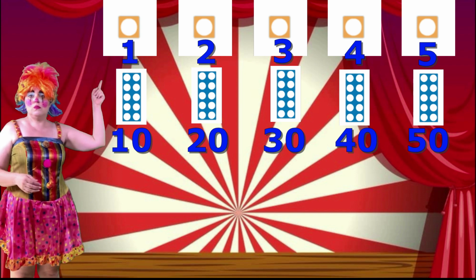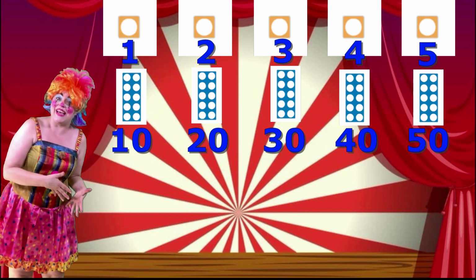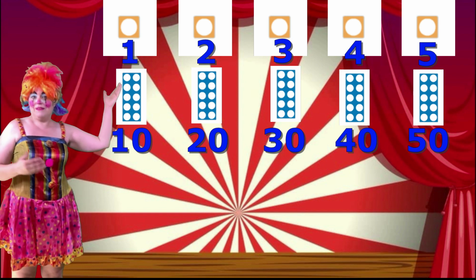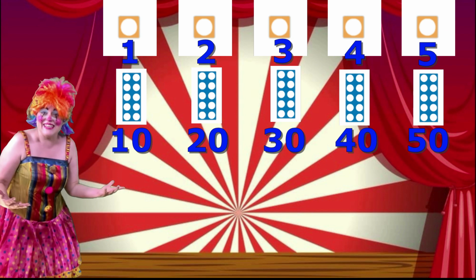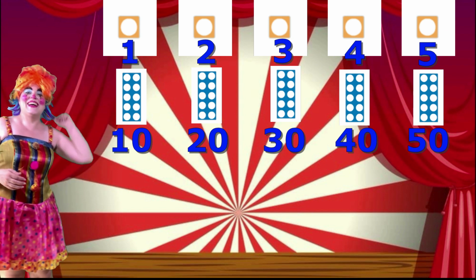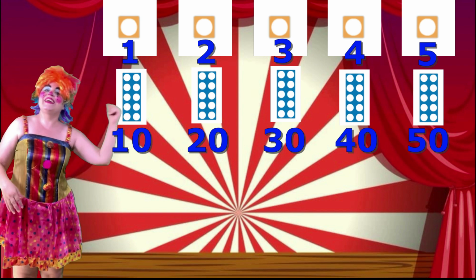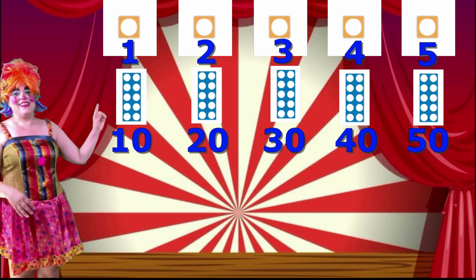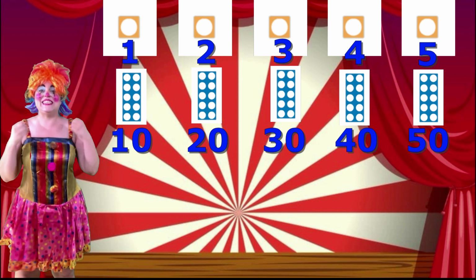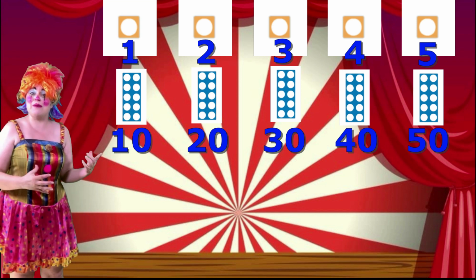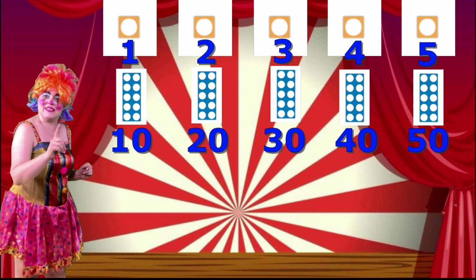The 2 is a 2 and the 20 has a 2 in the tens place. The 3 is a 3 and the 30 has a 3 in the tens place. The 4 is a 4 and the 40 has a 4 in the tens place. The 5 is a 5, but the 50 has a 5 in the tens place. So in all of these numbers, the ones digit goes down to the tens place.